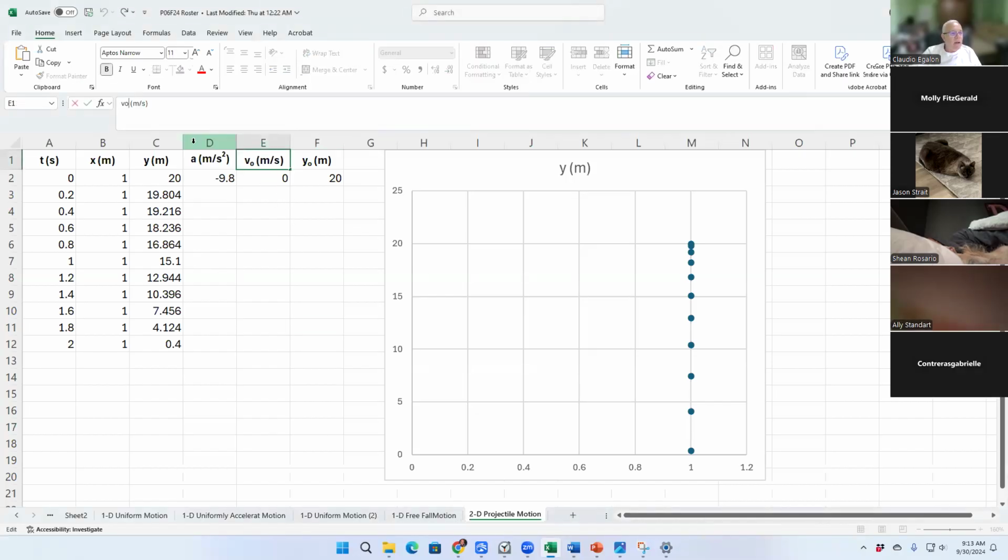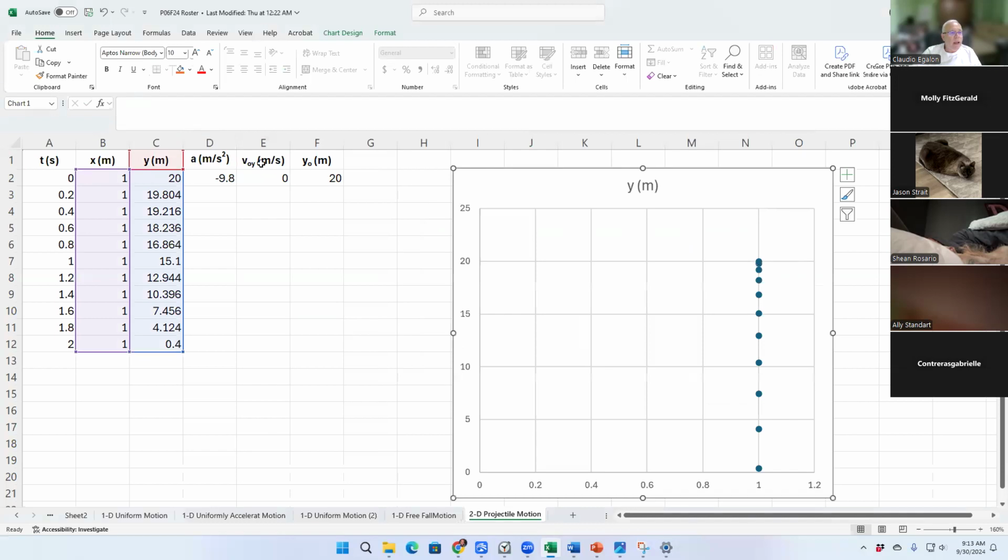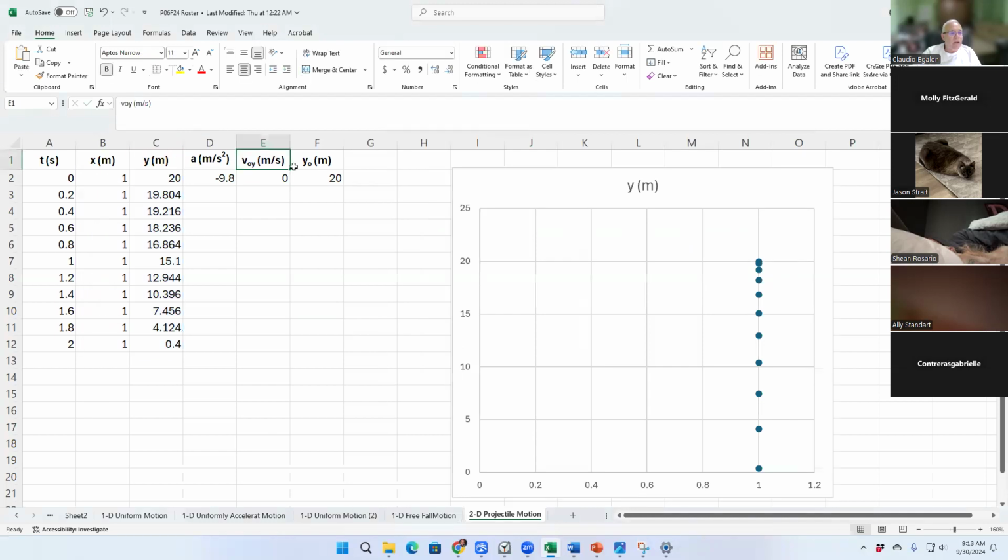We must have V naught along the y direction. We must also have V naught along the x direction. Here's going to be a sub x, a sub y, right?